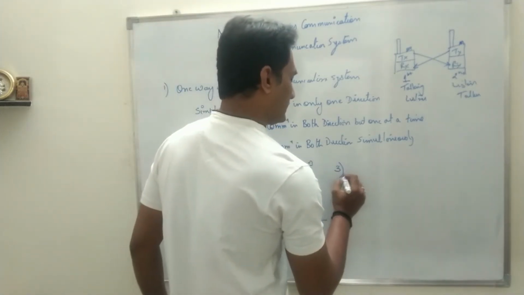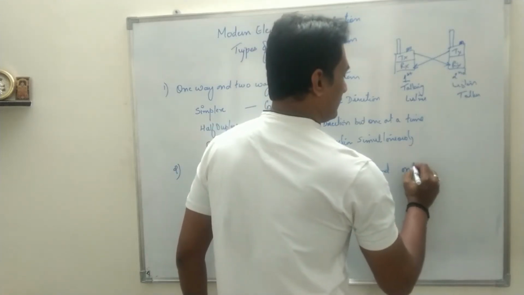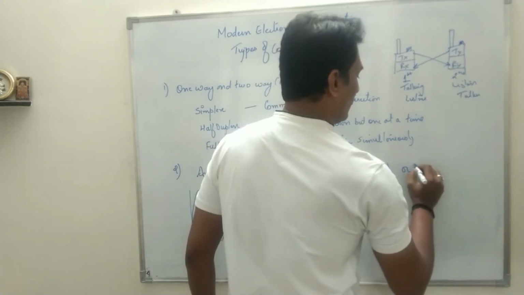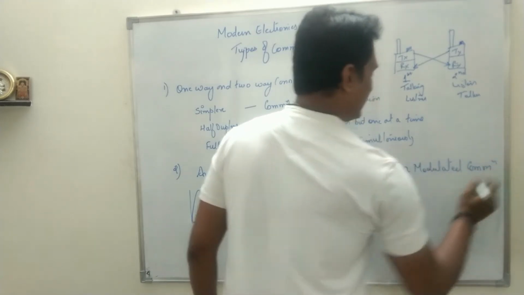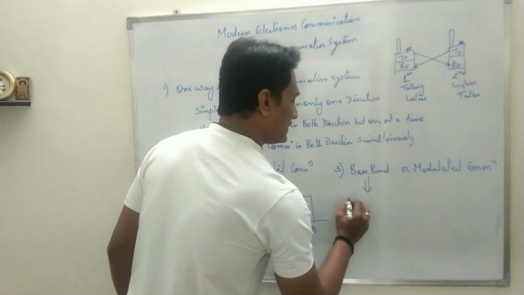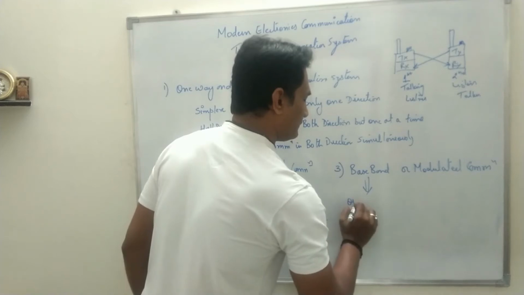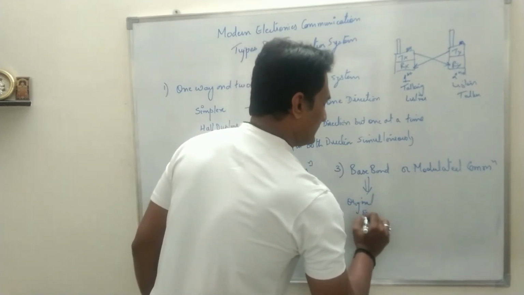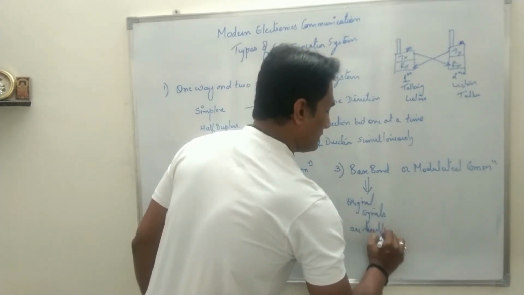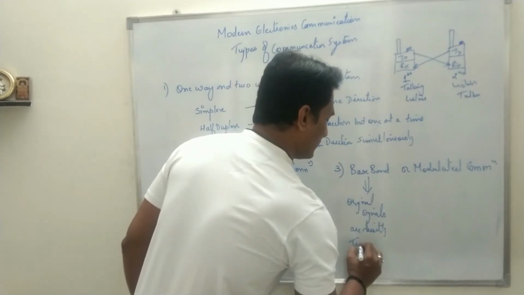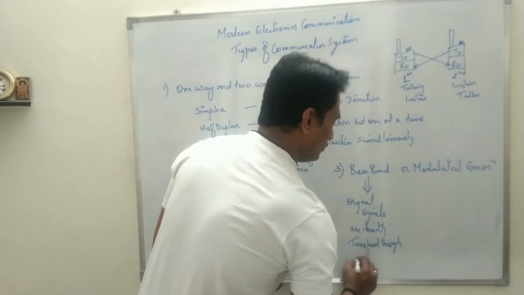And the third part is called baseband or modulated communication. Baseband communication is where original signals are directly transferred through the medium.